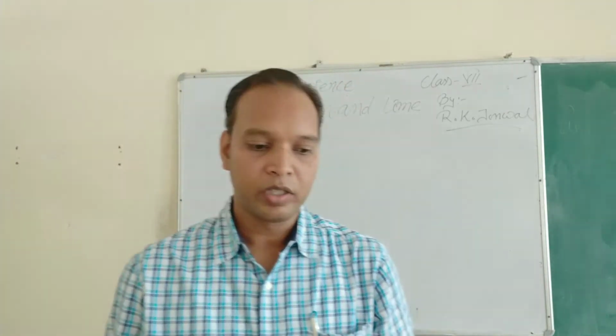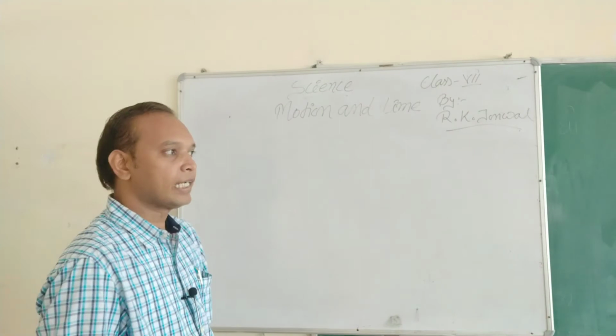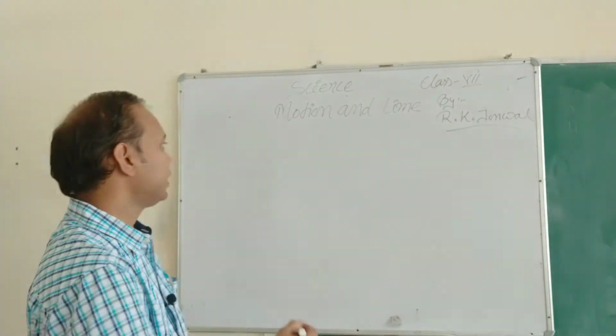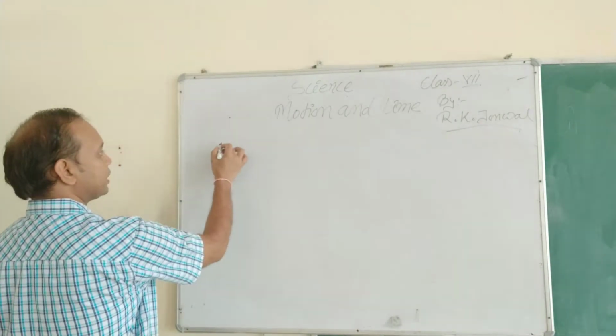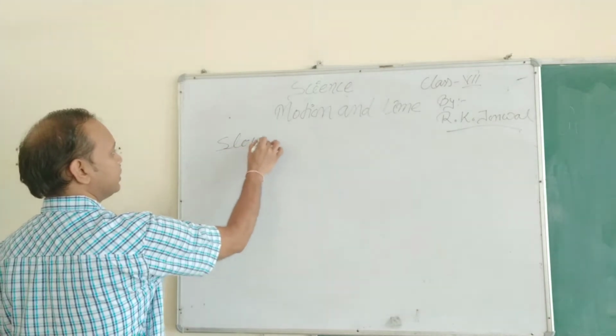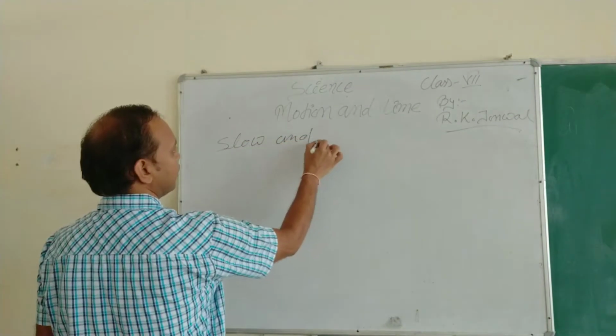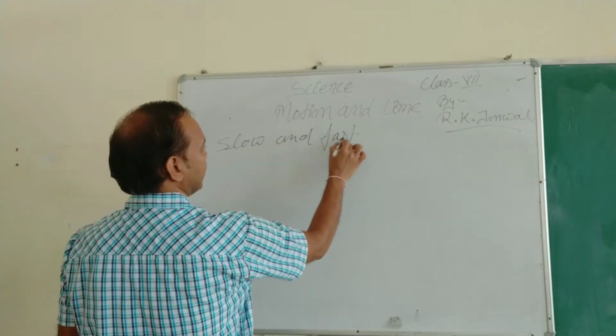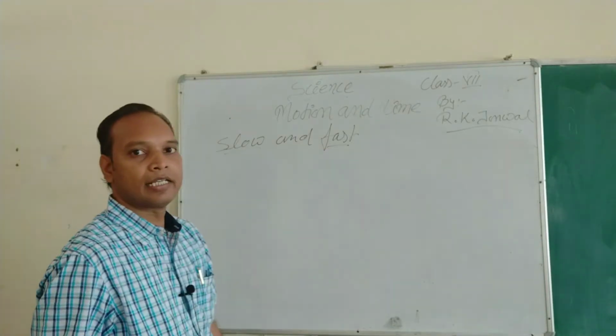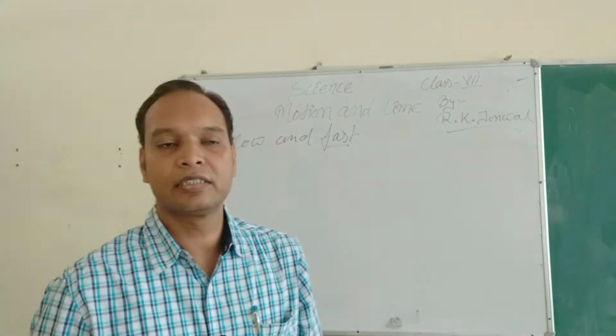Okay, students? Now, the second point is how can we determine whether a particular object is slow or fast? Which is slow and which is fast? So, can anybody guess?